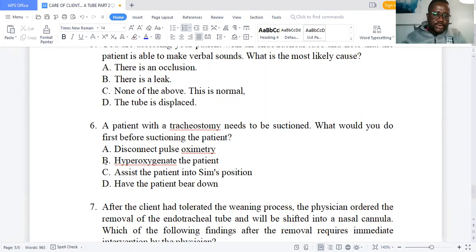Why? That is the right option. You have to hyperoxygenate the patient because in the course of suctioning, the patient will go into desaturation, okay? Patient saturation will drop and you can actually see that on the pulse oximetry. So the pulse oximetry has to be in place. So the first thing to do is to hyperoxygenate the patient. B is the right answer.